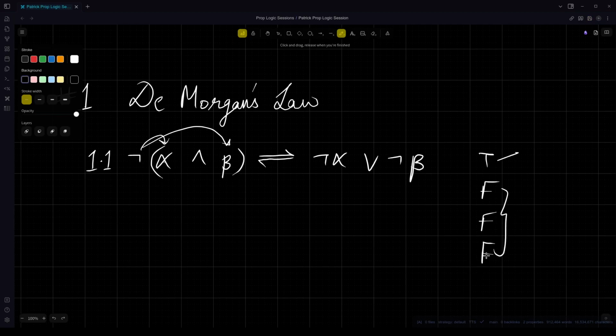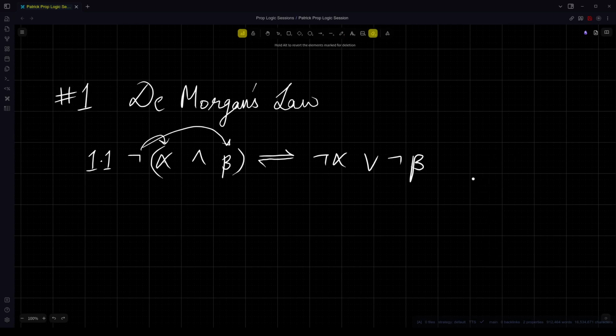If both of them are false, then also it is false. So you have an inclusive disjunction of all the propositions. That's why it works.